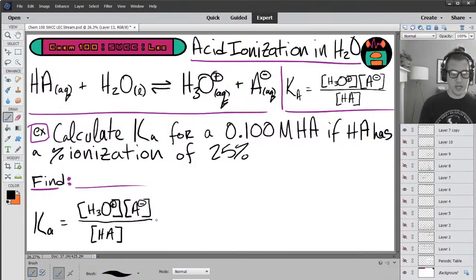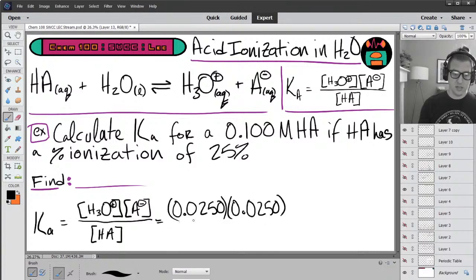Our concentration of hydronium is 0.0250. We don't include units for equilibrium constant, so we can just plug the numbers straight in, then divided by 0.075.